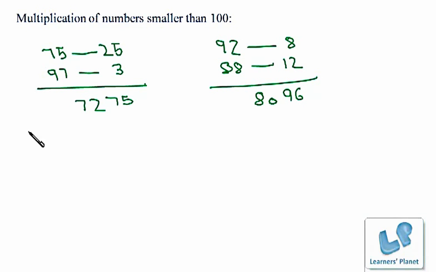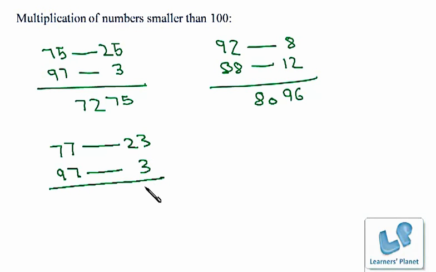Now we'll multiply 77 with 97. So this is 23 and this is 3. So 23 into 3 is 69 and 77 minus 3 or 97 minus 23 is 74. So the product of 77 and 97 is 7469.